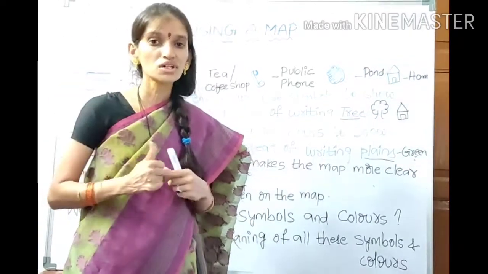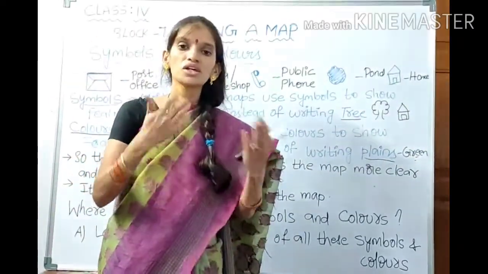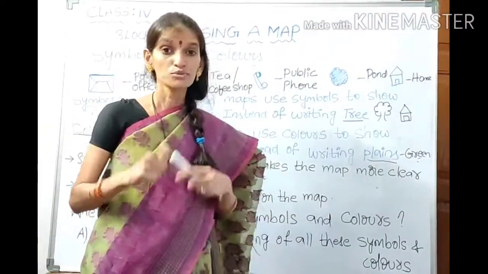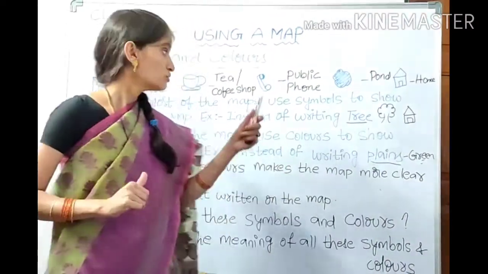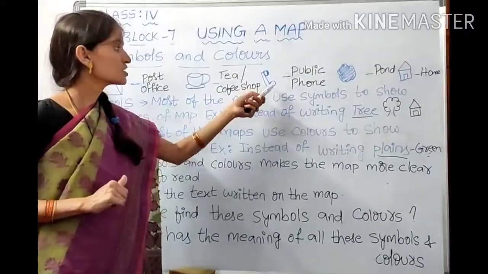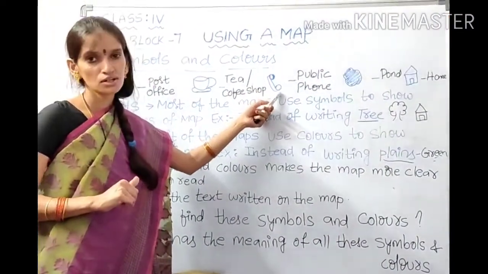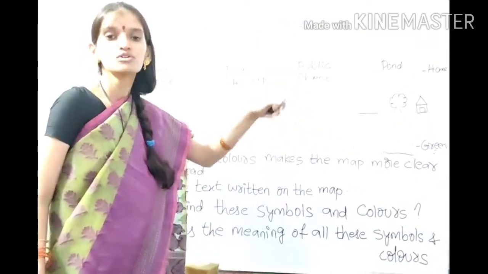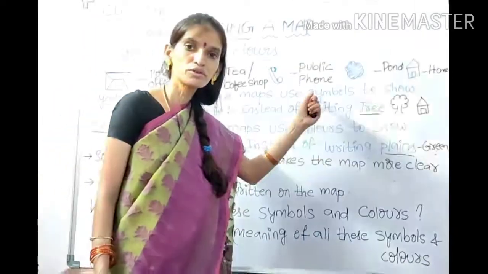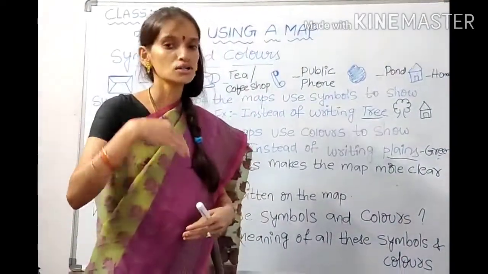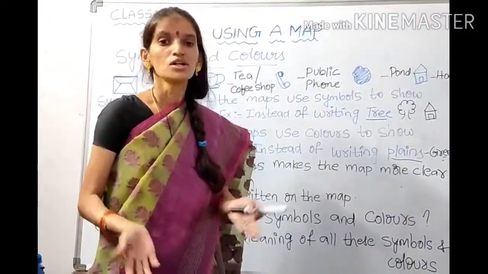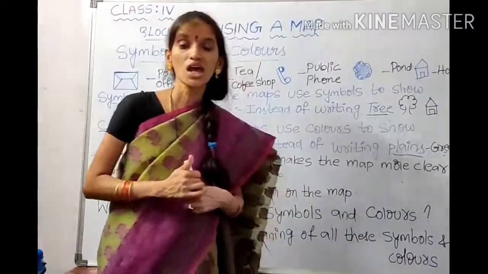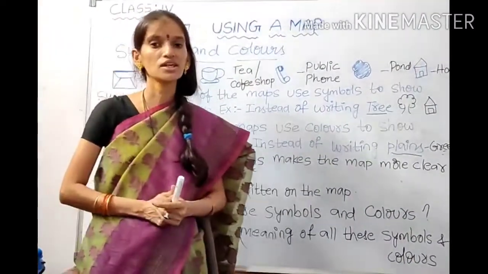If people from other countries come to our country, what happens? If he sees this symbol on the highway, he will understand that it is a public phone. So he will go to that public phone and call his neighbors or friends and reach the places. So it is accepted universally.